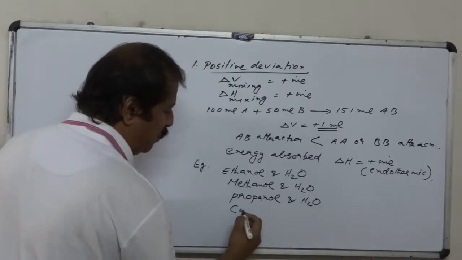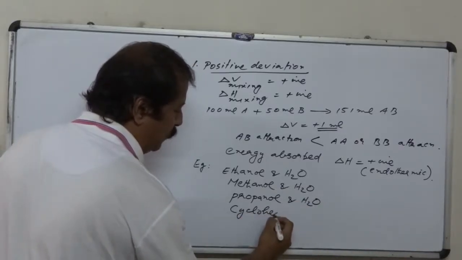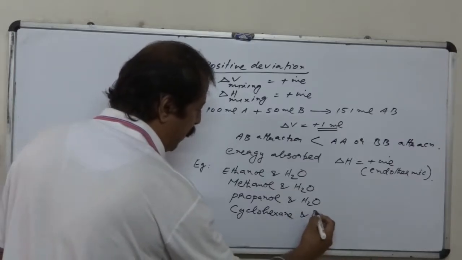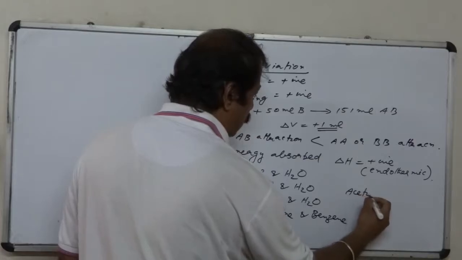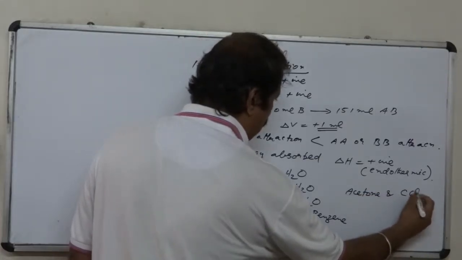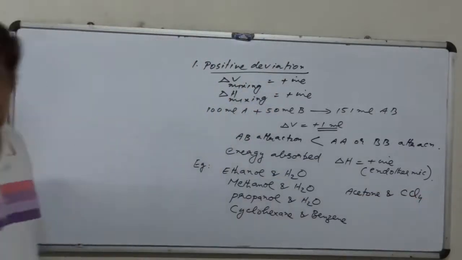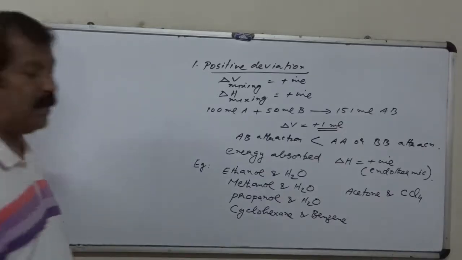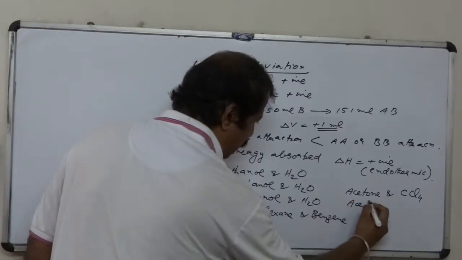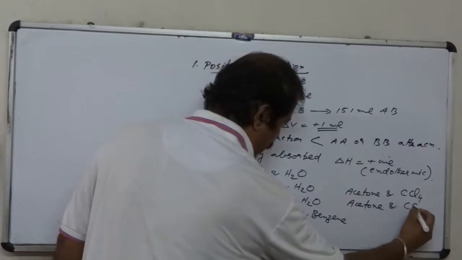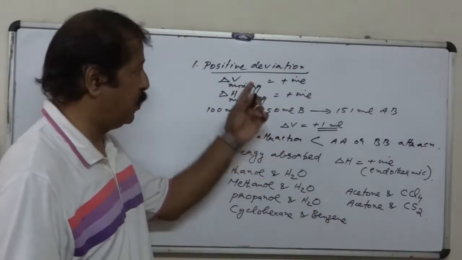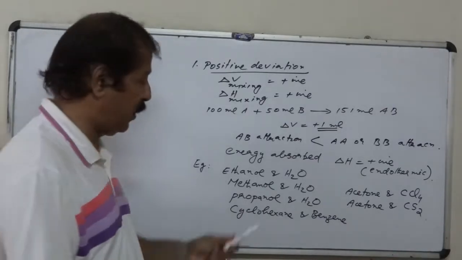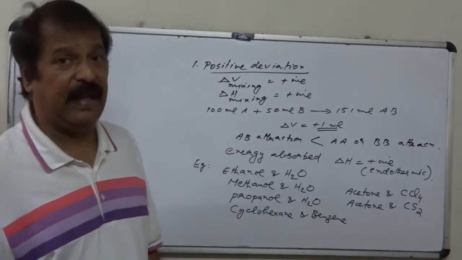Then cyclohexane and benzene, then acetone and CCl4, and acetone and carbon disulfide. So these are examples of solutions which show positive deviation. Study at least 3 examples.